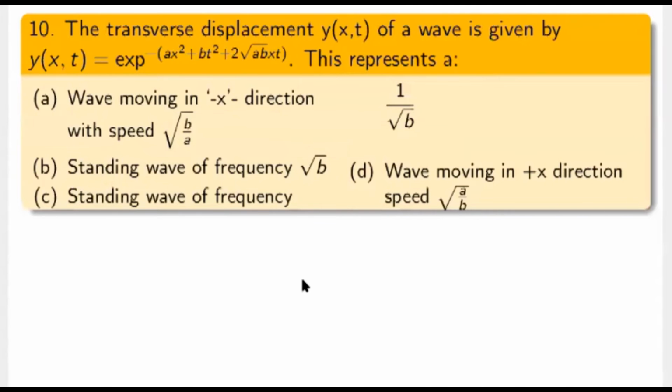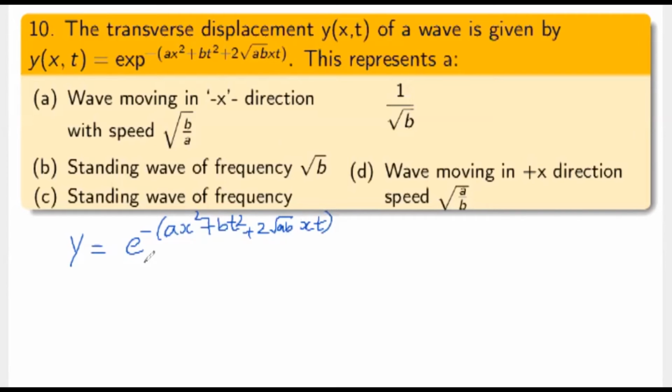Next question. The transverse displacement y of x comma t of a wave is given by y equals e power minus (ax squared plus bt squared plus 2 times root of ab into xt).